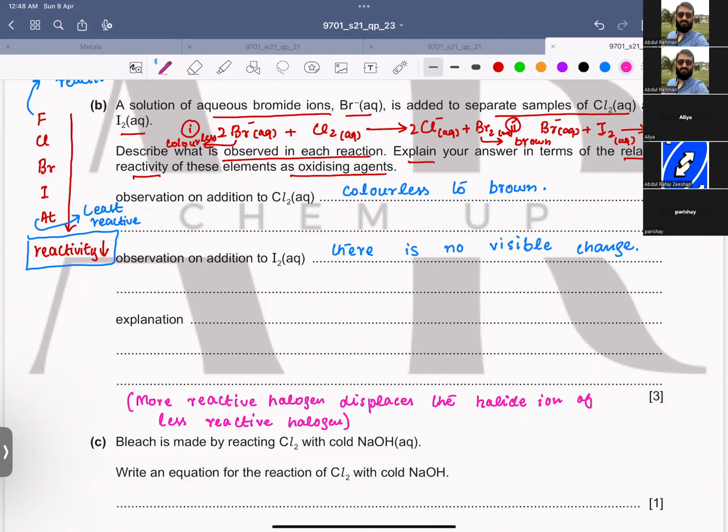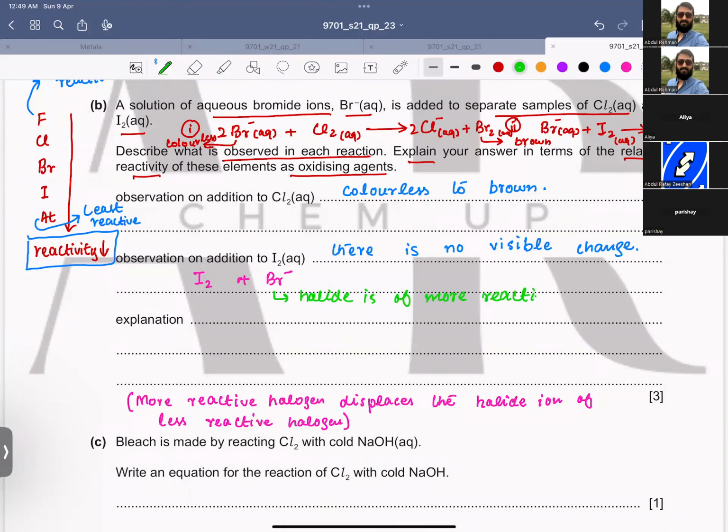So if we observe over here, in this case, we have iodine and bromide. So when I compare these two, can I say that this halide is of more reactive halogen?